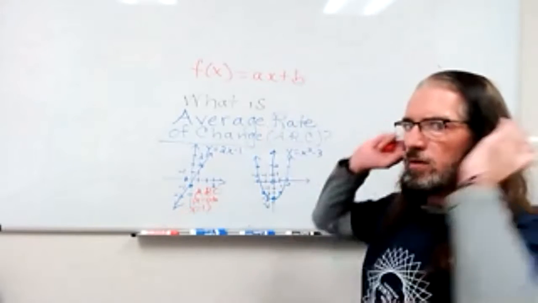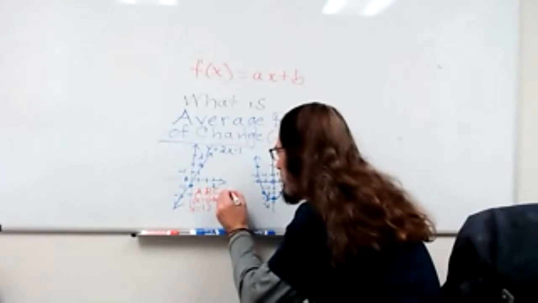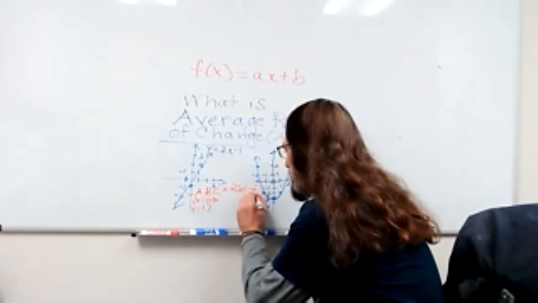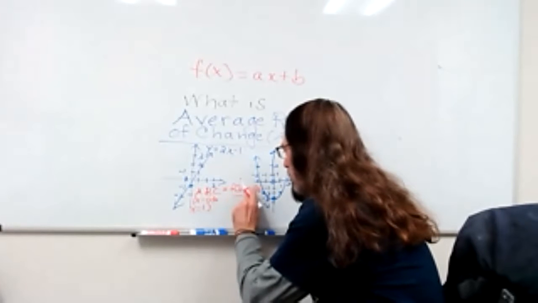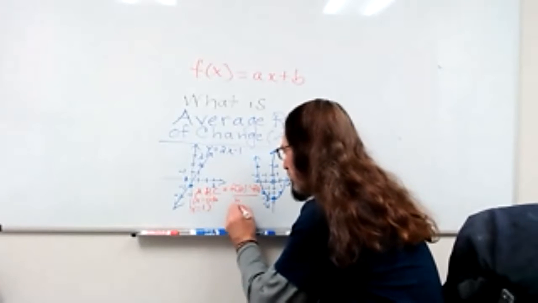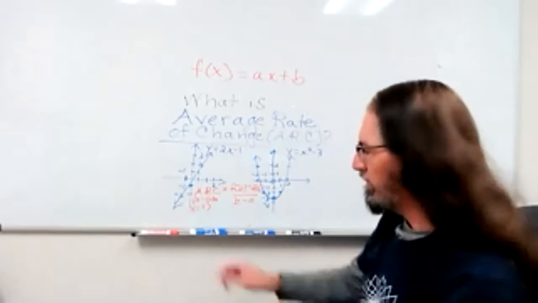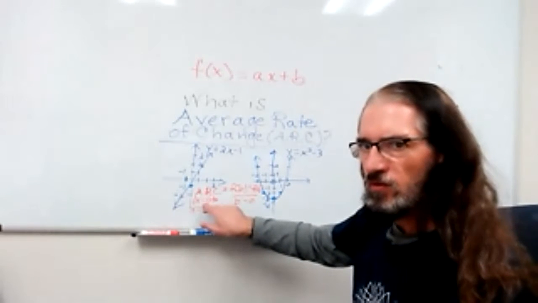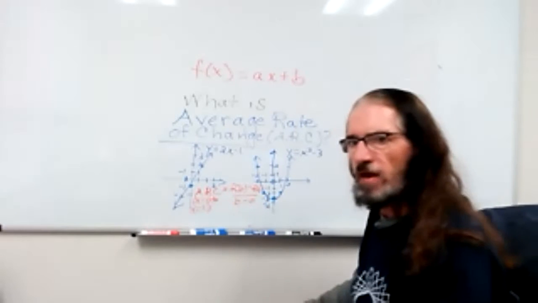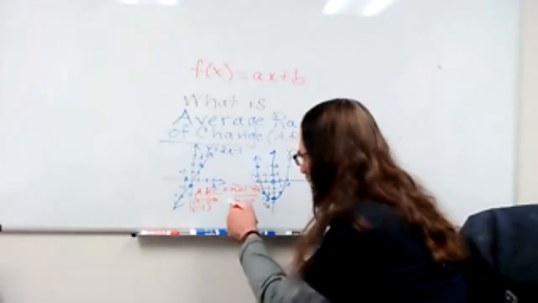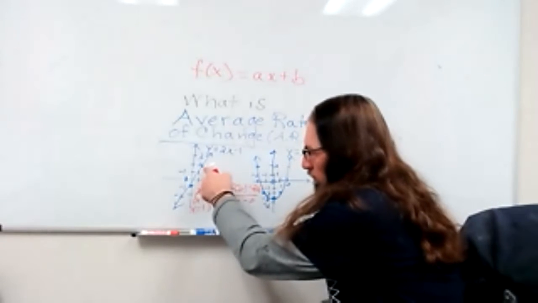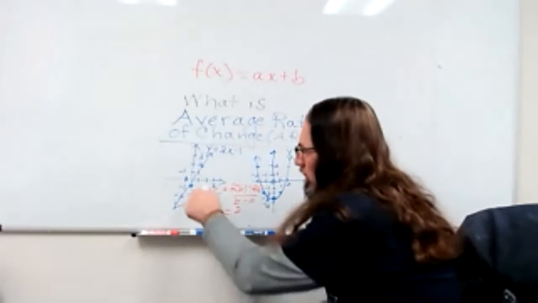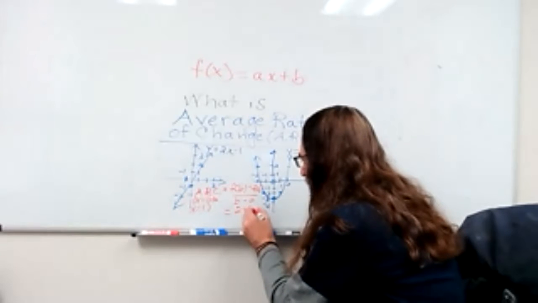That would be computed with f of b minus f of a all over b minus a, where b is the endpoint, the one further to the right, and a is the starting point, the one further to the left. So in this case, we would get 2 for the function value or y value minus negative 1.